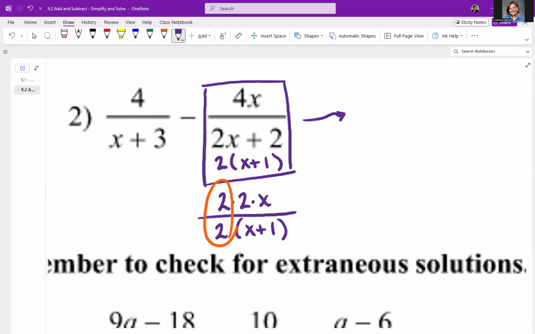So when I go to make common denominators, I will write this so there's more space. And my second expression will be reduced.